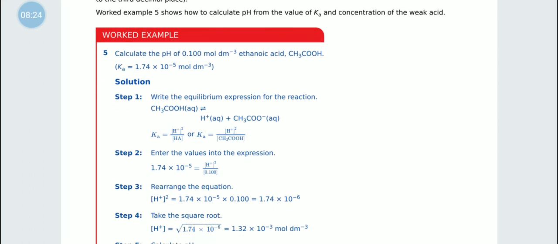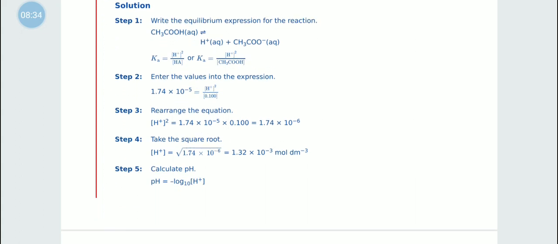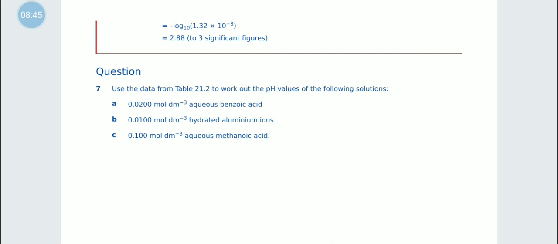Ka is 1.74 × 10^-5, and we know the acid concentration. From that we can get the H+ ion concentration, which is 1.32 × 10^-3. Using that we calculate the pH. pH is the negative logarithm to the base 10 of the H+ ion concentration. I hope that made sense as well.